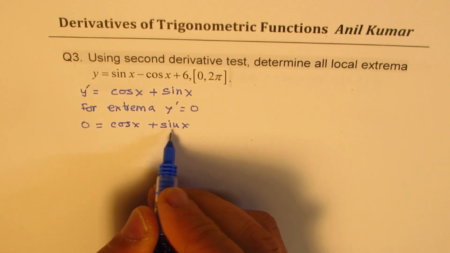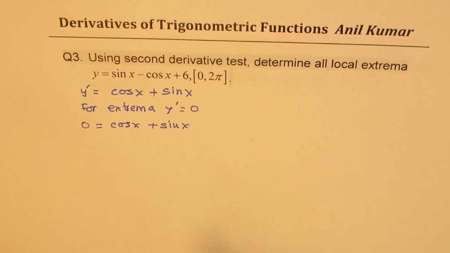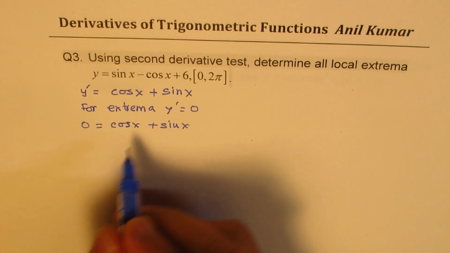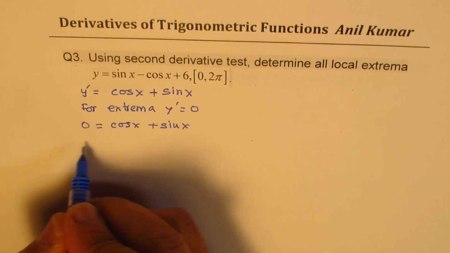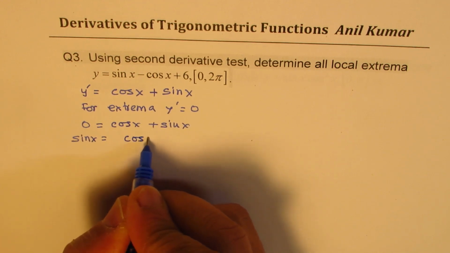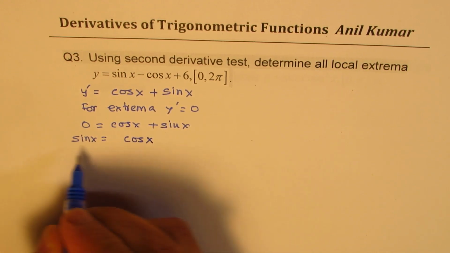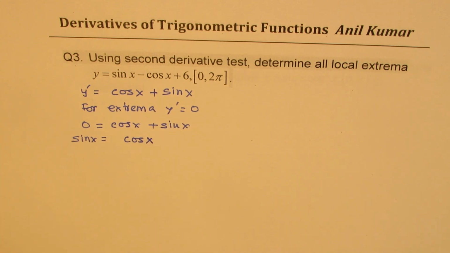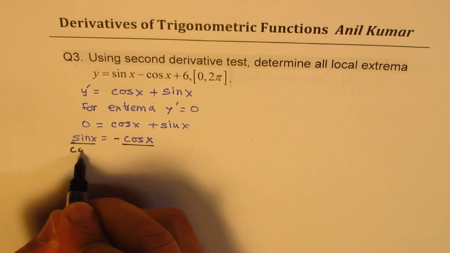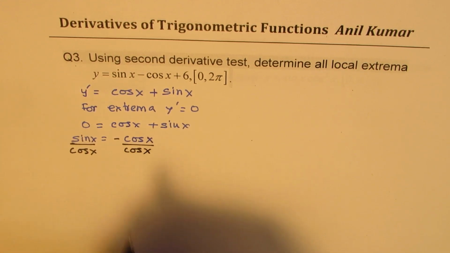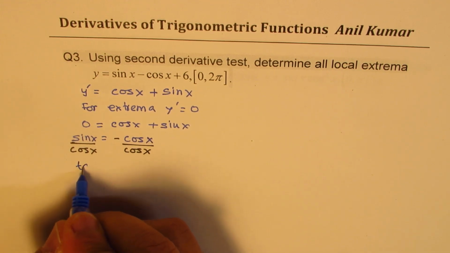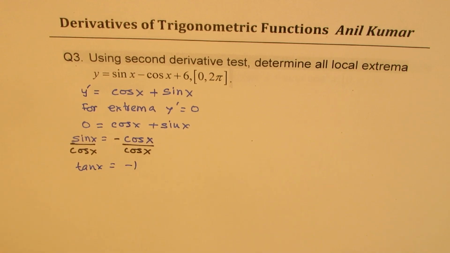So that basically means that we can write this as sine x over cos x, that means tan x, right? So let's write this. Sine x equals to minus cos x. Now dividing by cos x on both sides, what do I get? I get tan x equals to minus 1, right?